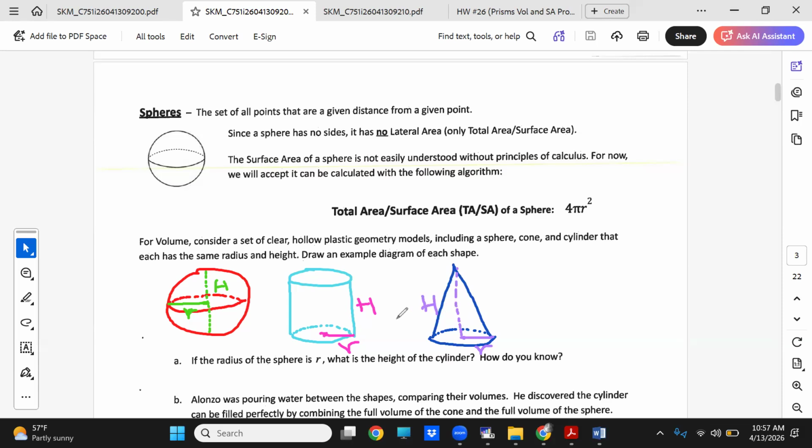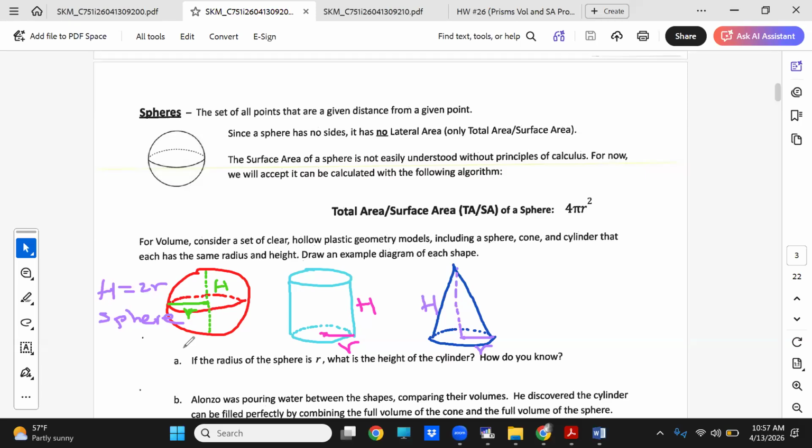So if you think about it, for a cylinder, hold on, let me think about this one. If the radius of the sphere is R, the height of the cylinder. Okay, so H equals 2R, right, for a sphere. Do you guys see why that's true?